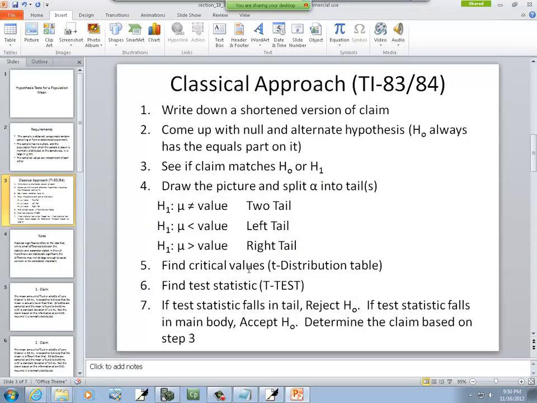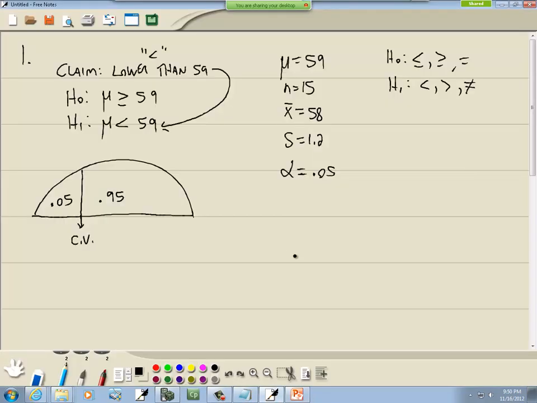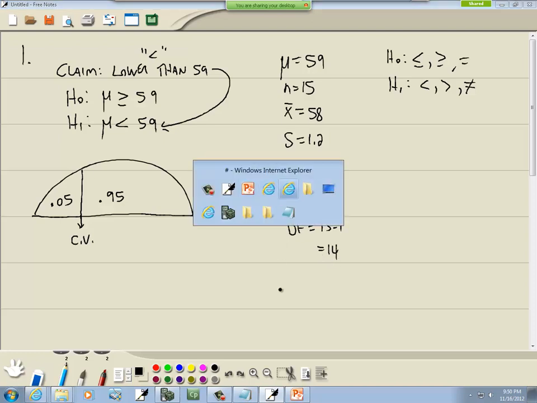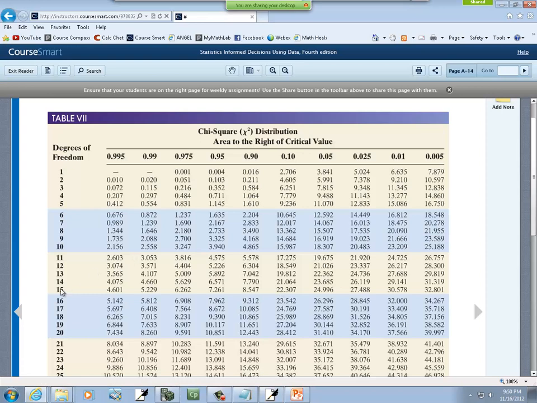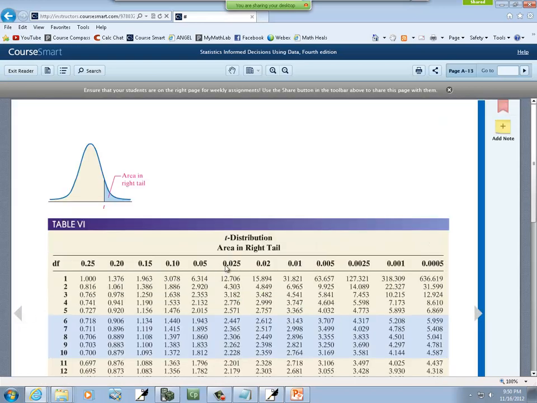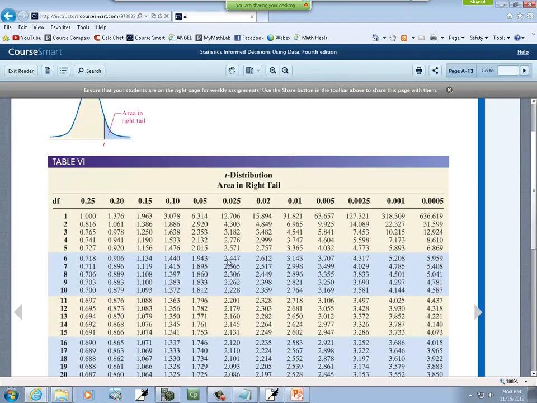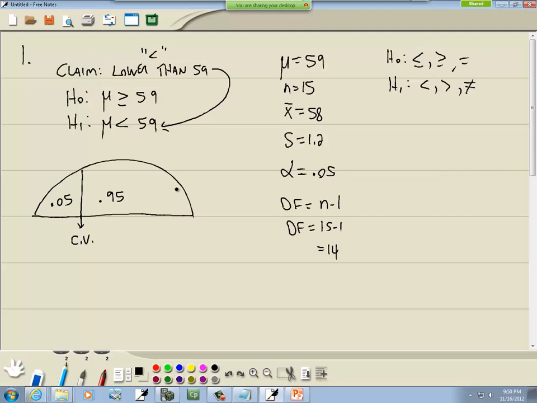Now it says for your critical values, use a t-distribution table. Well, for the t-distribution table, we need degrees of freedom, which is n minus 1. Well, n up here is 15, so we've got 15 minus 1, or 14. So we'll look it up in our table. What this should say, unfortunately it doesn't, is area in one tail.